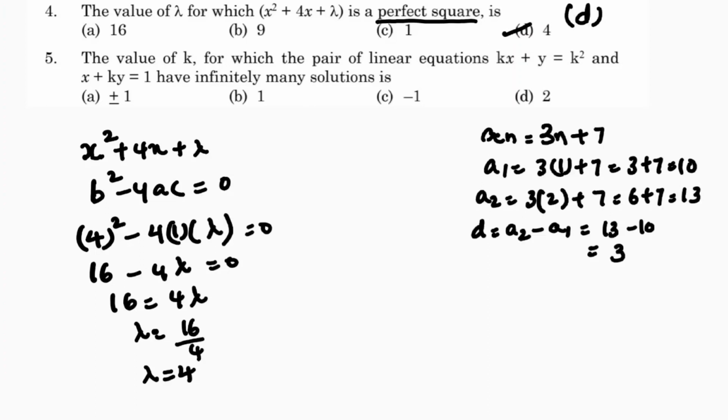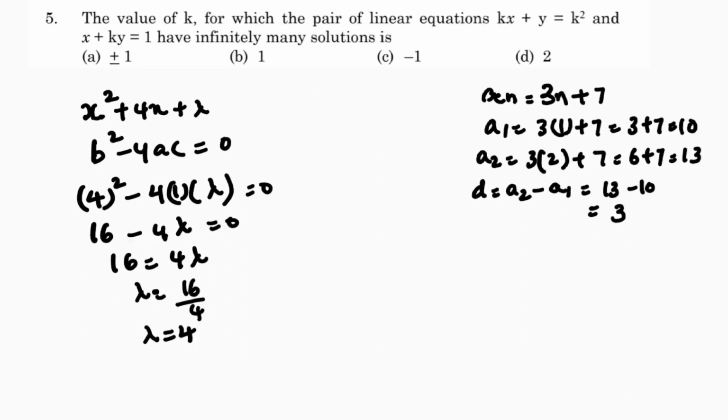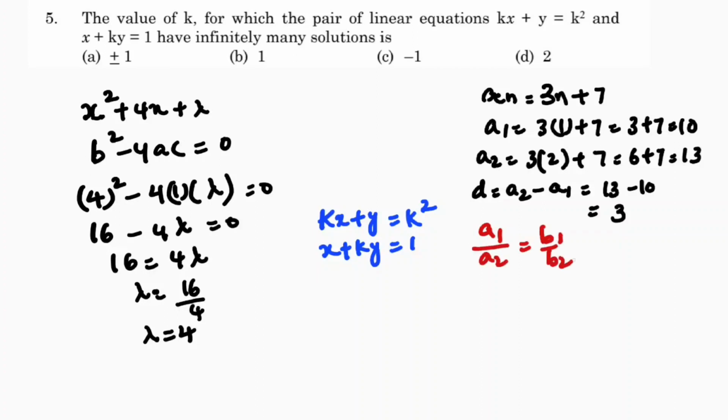Next one, the value of k for which the pair of linear equations has infinite solutions. The first line is kx plus y equals k square and x plus ky equals 1. So the condition for infinite solutions is a1 by a2 equals b1 by b2 equals c1 by c2.